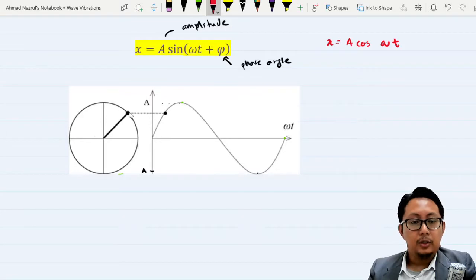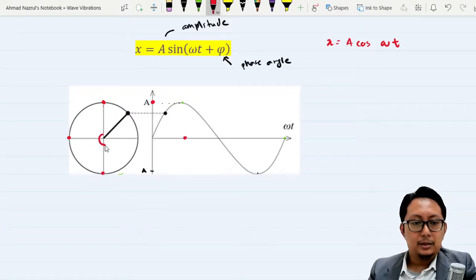For cosine we start from here, so the graph will start here at 0 degrees. Then move to the right for 90 degrees, which will be here, and then move to 180 degrees.